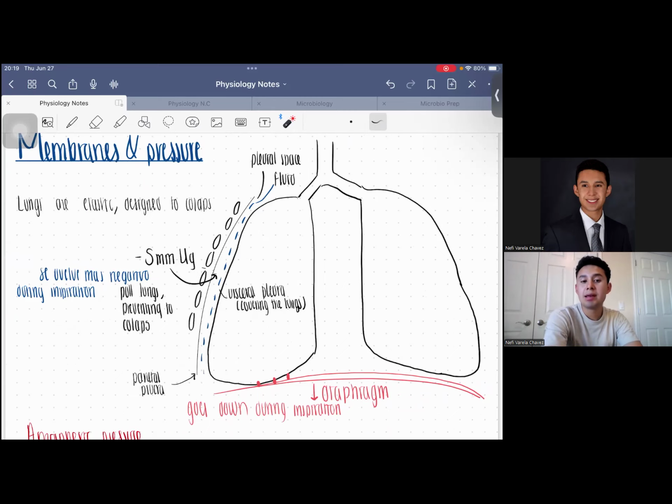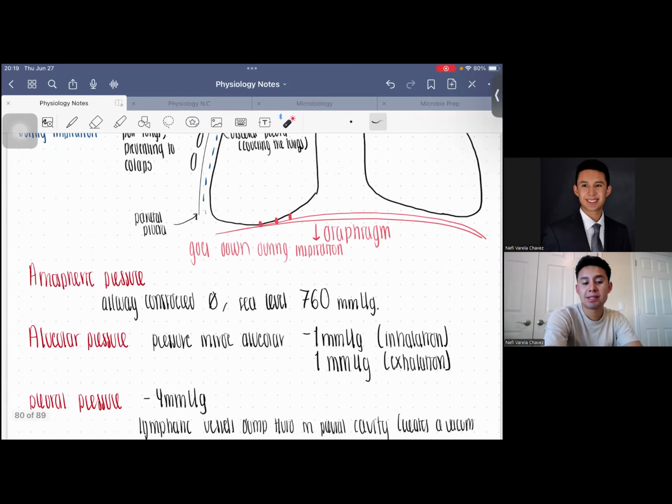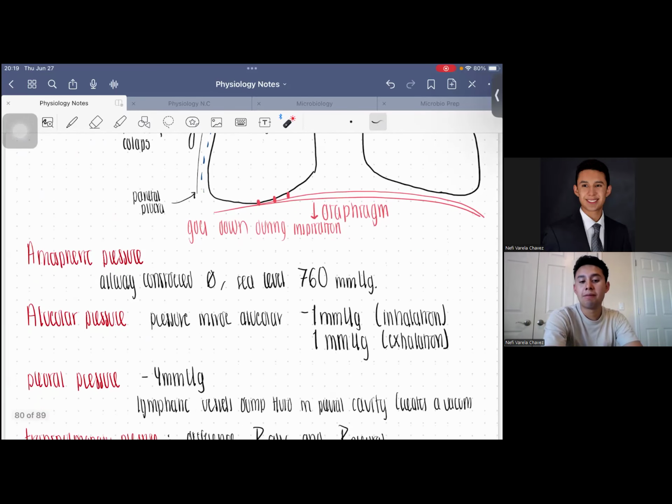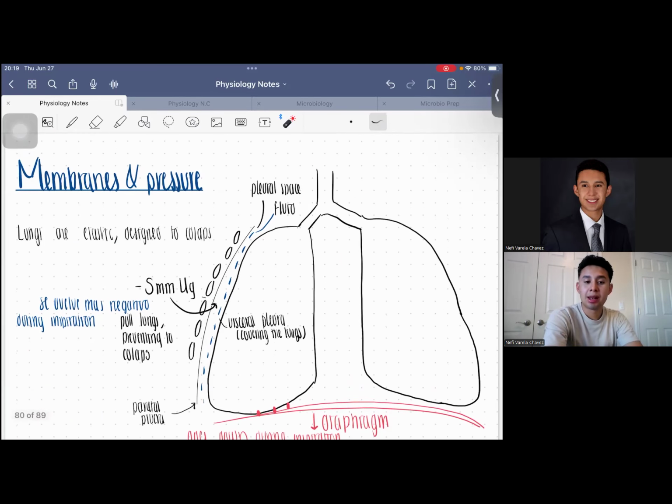The pleural space is going to be full with liquid. This liquid is going to be facilitated by the lymphatic vessels. Those are going to dump liquid in this cavity, creating a negative pressure in that space. That space also can become more negative during inspiration.